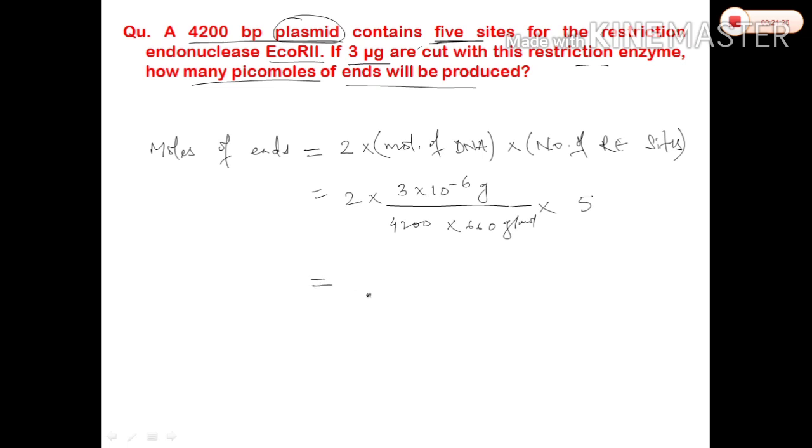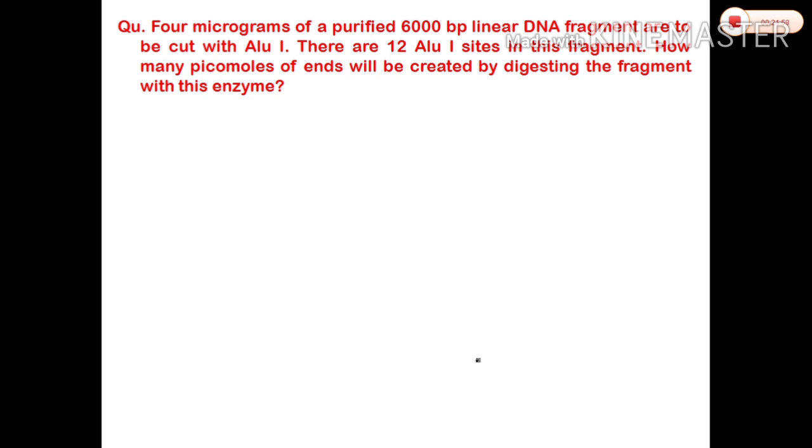After multiplication you get 1.1 into 10 raised to the power minus 11 mole, and you can write this as 11 into 10 raised to the power minus 12 mole. That means 11 picomole. The question requires the answer in picomoles, so the answer is 11 picomole.